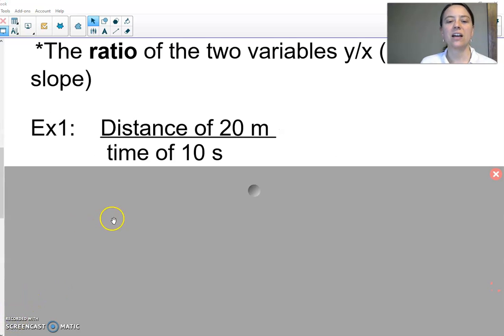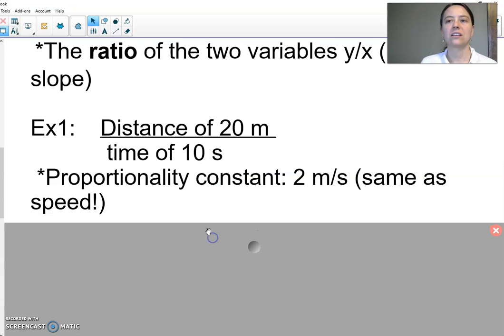So when we divide those out, we get 20 divided by 10, 2 meters per second. And if that sounds familiar, it is because that is a speed, which we just calculated, 2 meters per second. Our proportionality constant on our distance versus time graph would be 2 meters per second.